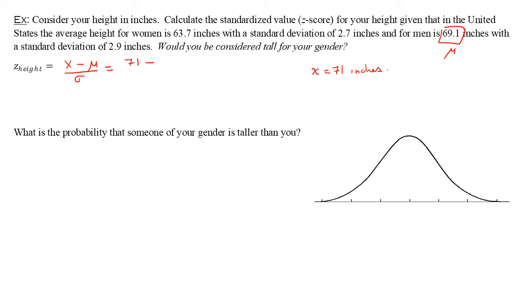I'm going to use the mean for men, 69.1 inches, and a standard deviation of 2.9 for men, so that would be what we'll use for sigma. So when I calculate the z-score here, 71 minus 69.1 divided by 2.9, I get something around 0.65.